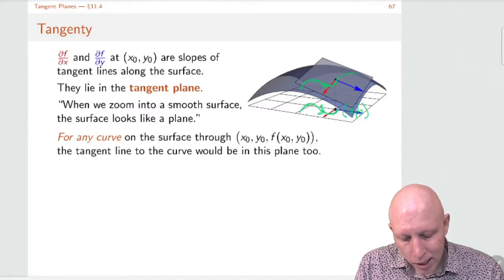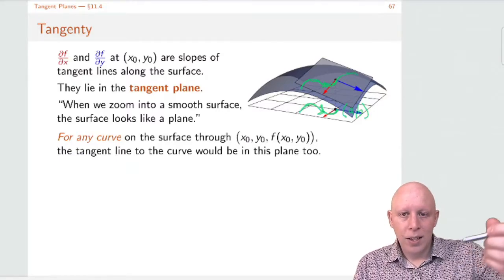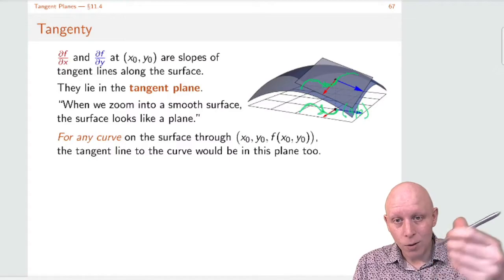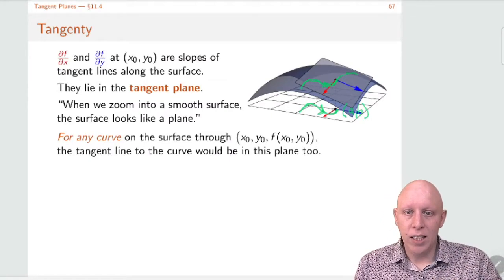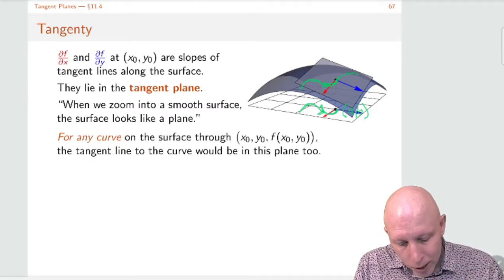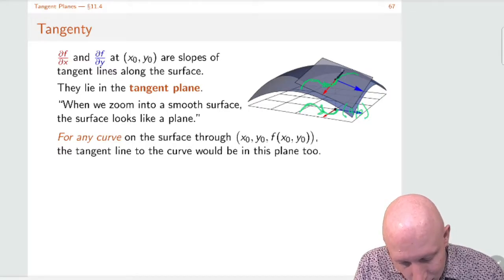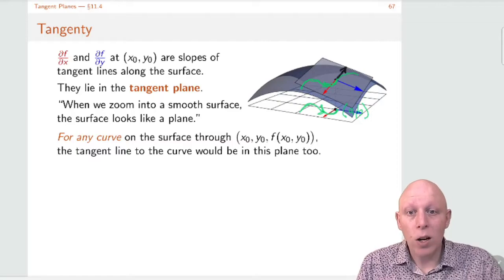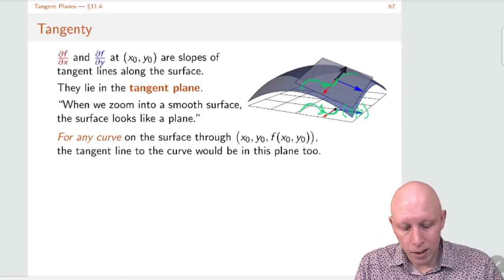And not only is it the case that the red vector and the blue vector lie in the tangent plane, but also the vector tangent to the curve at that point also lies in this plane.